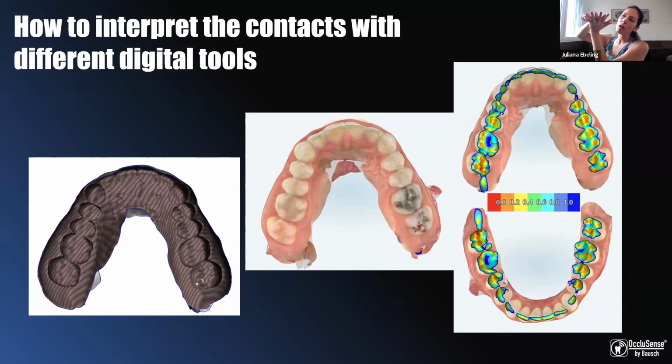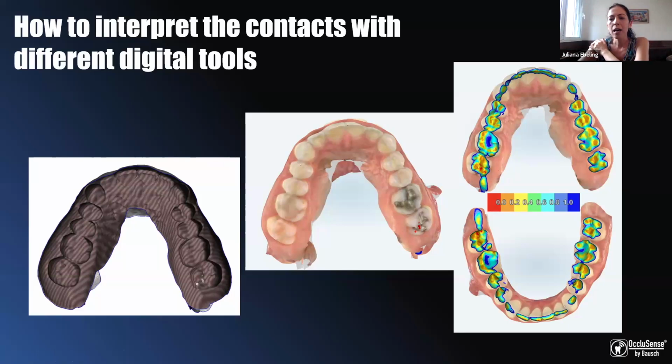What is the contact? The real contact, that is the red contact here, is when the meshes cross between them. And the other contacts are the distance between these meshes.